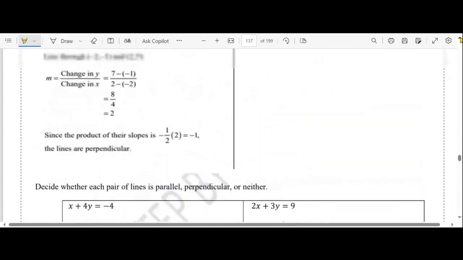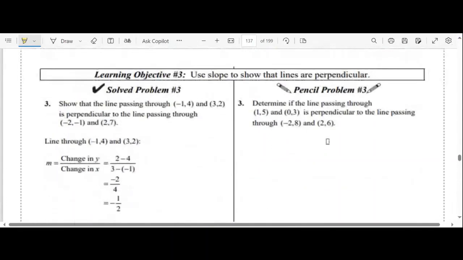In fact, I will ask you to do this one as a classwork. See if you can get it. So what you do, find M1, find M2, and then after this, you compare. If M1 equals M2, then it's what?